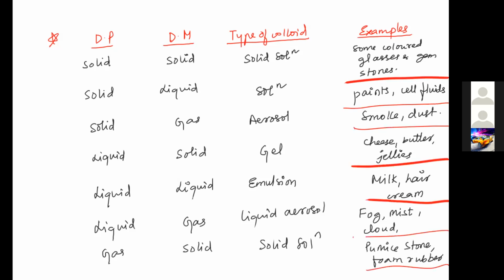The last one is when you have gas in liquid, that is foam. And examples, I'm just writing with another color: soap lather, whipped cream, and froth. These are examples under this.